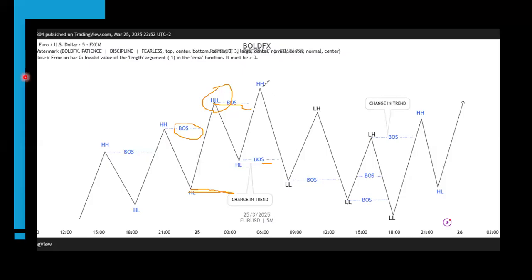All right, so as you can see, as I would have marked out this as my weak and this as my strong, price came down and broke structure, changing a bullish trend to a bearish trend, forming a lower low, then creating a lower high. So what happens right here, this higher high becomes a strong structure, and then this low becomes a weak structure.